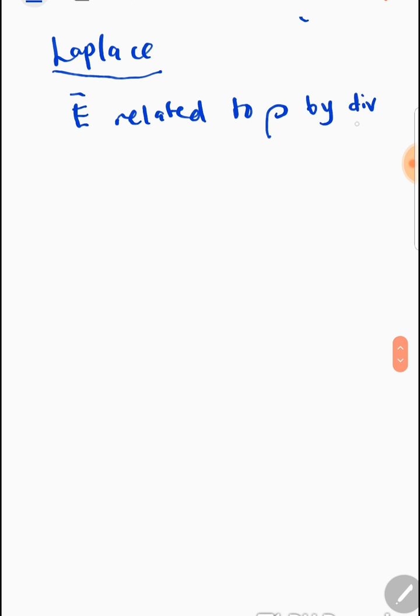Agree? You would have seen this in the second topic of the second half when we learned the divergence theorem earlier. So we know that nabla dot E bar is equivalent to rho over epsilon naught. If you recall, this equation is what we learned in Gauss' law earlier.